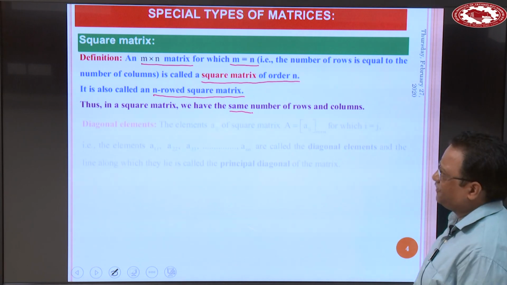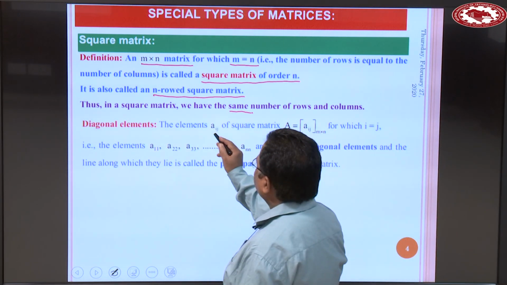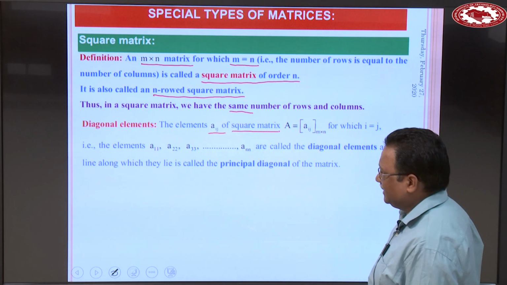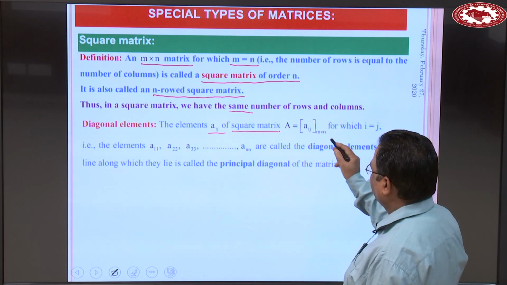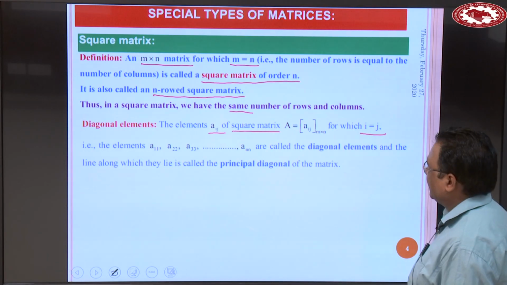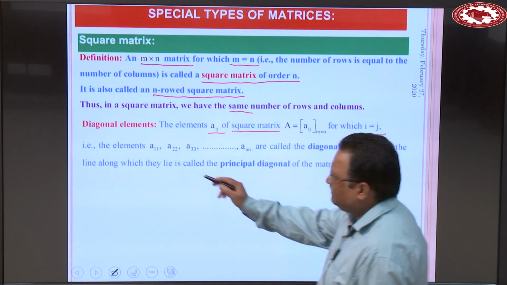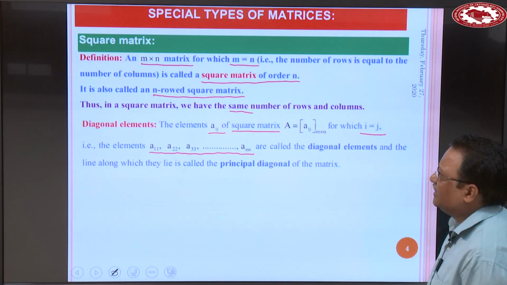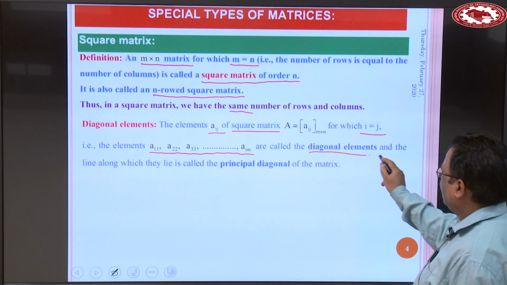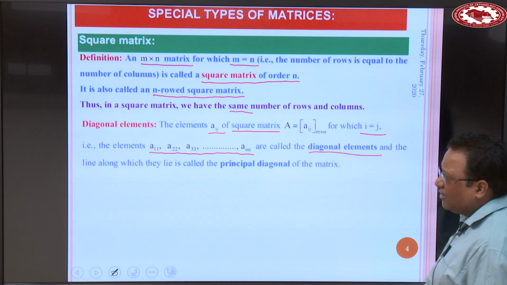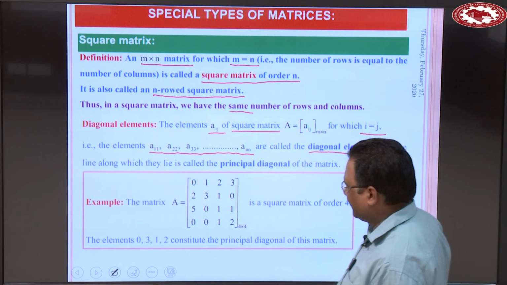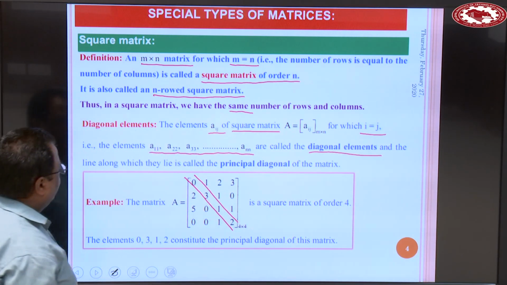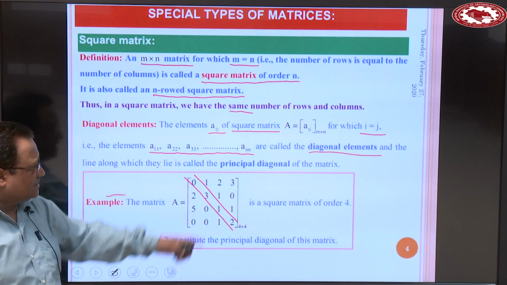What are diagonal elements? We have a square matrix A is equal to aij, and the elements aij of the square matrix for which i is equal to j, that is, the elements a11, a22, a33 and so on up to ann, are called diagonal elements of the matrix A, and the line along which they lie is called the principal diagonal of the matrix.